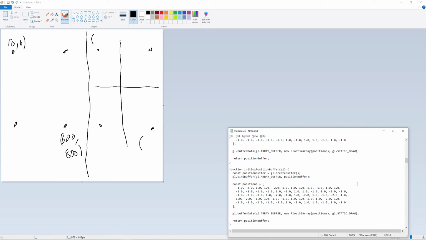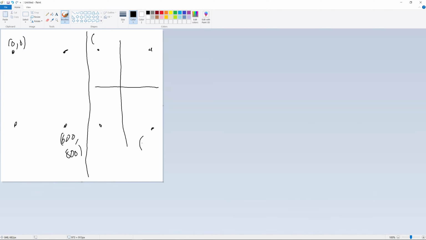So Y is -2. Okay, so it seems like it's maybe 2, -2, and then this is 2. So I need to convert this world to that world system.